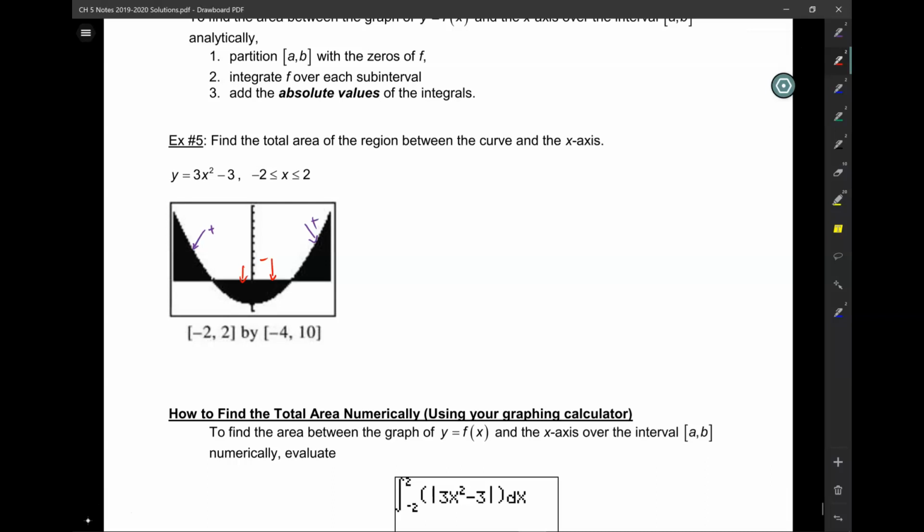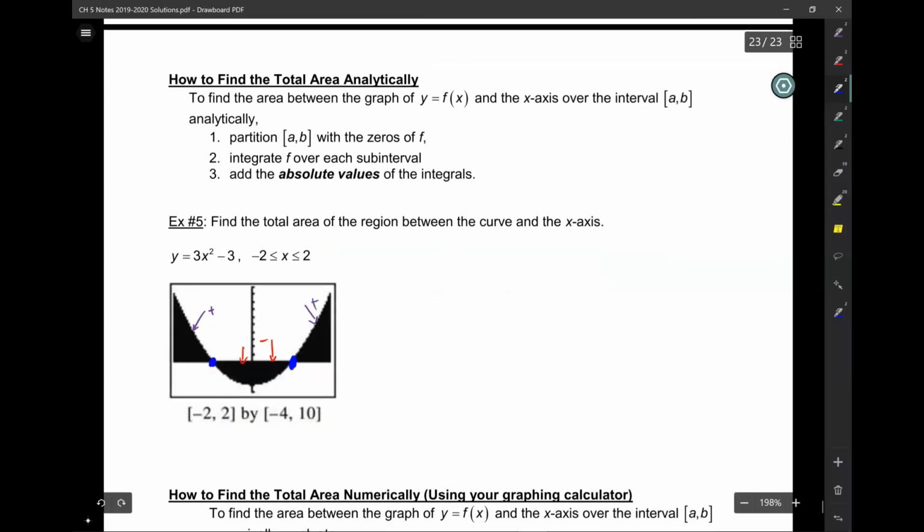The way in which you have to do it is you have to find the points where this graph crosses the x-axis and where the function changes between positive and negative, right? So at these points, the function changes from positive to negative and then from negative to positive.